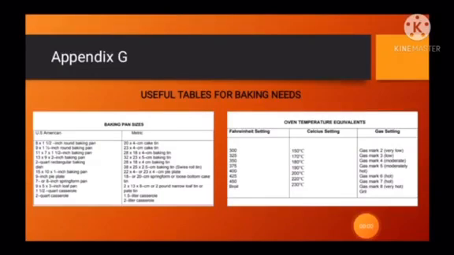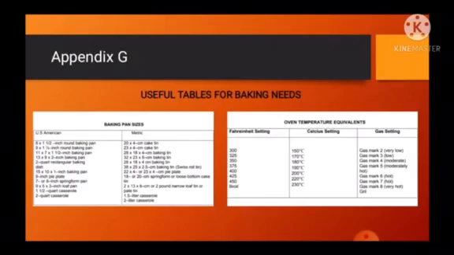In Appendix G, it talks about useful tables for baking needs. It talks about baking sizes and oven temperature equivalents. In US measures, there are 2 sizes of round baking pan: 8 by 1 1/2 inch and 9 by 1 1/2 inch.